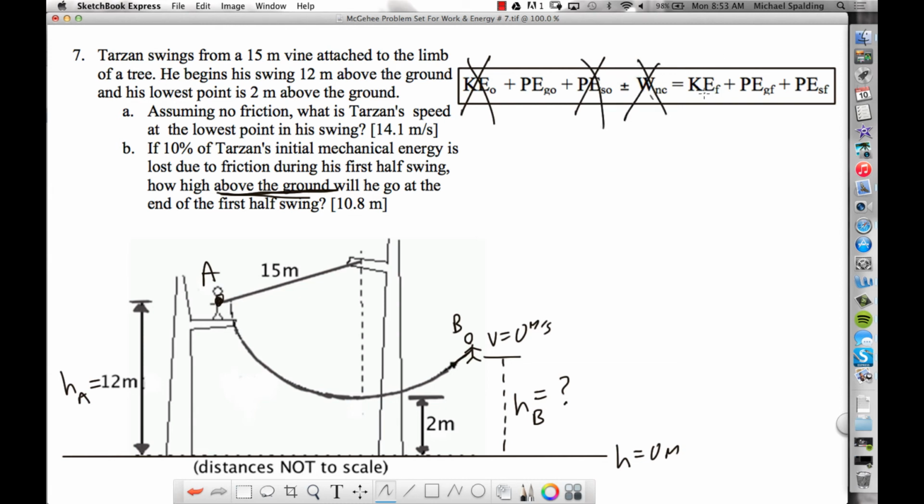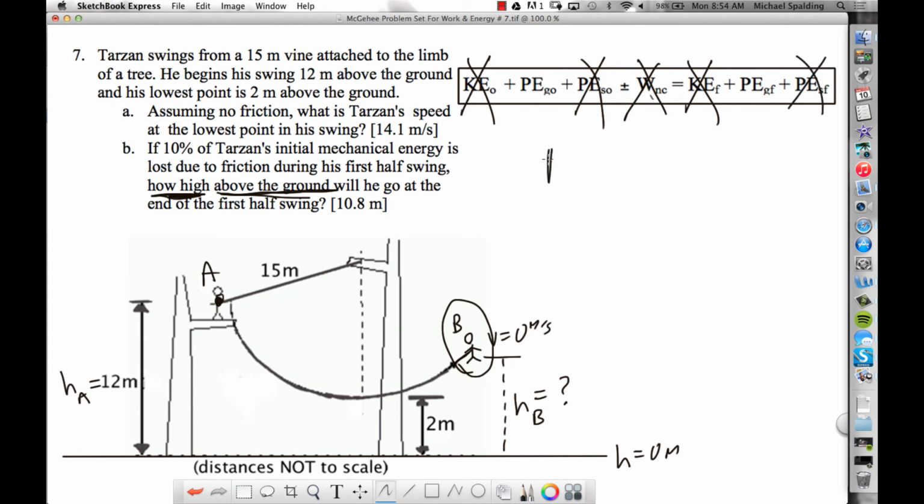So now let's look at point B. Point B right here. Does Tarzan end with kinetic at point B? At the highest point above the ground, for a split second, he stops, so there's no kinetic. Does he have potential of gravity at point B? Yep. Does he have spring energy? No, there's no spring there.